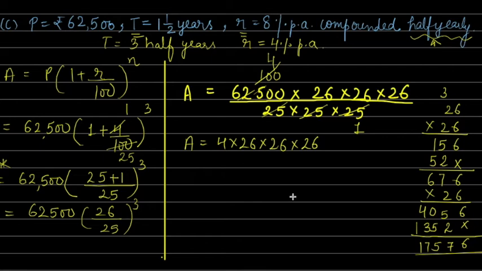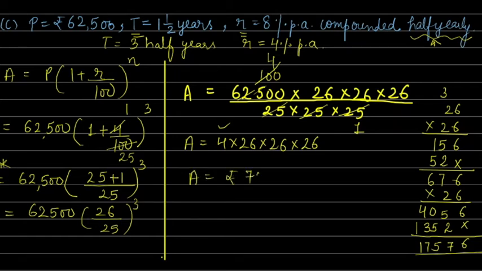Now this number we have to multiply with this 4, right? 17,576 with 4: 4 6s are 24, 2 carry, 4 7s are 28 plus 2, 30, 4 5s are 20, 23, 2 carry, 4 7s are 28 plus 2, 30, 4 ones are 4 plus this, and this gives you 70,304.